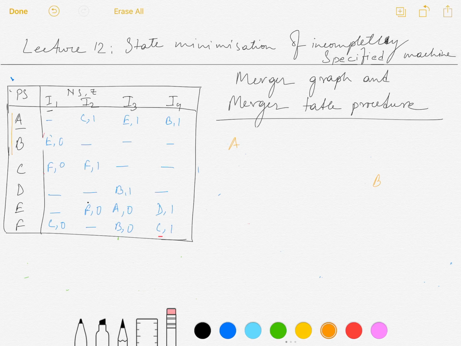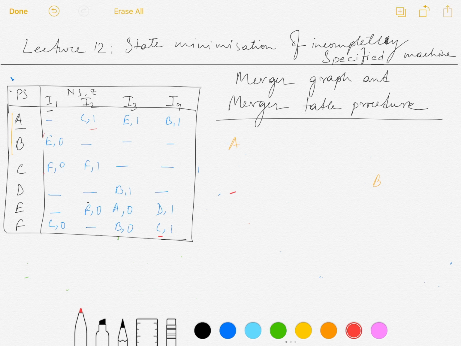For I 2 also, for A the output is specified, that is 1, and for B the output is not specified, so I can consider this output as 1. For I 3 also, if I consider the output for B as 1, then the output for the pair of states will be the same. The same case holds for I 4, where the output for B we can consider as 1 and it will remain the same.